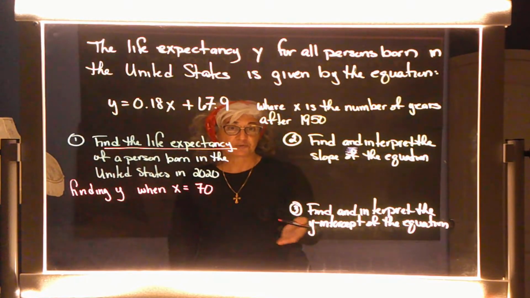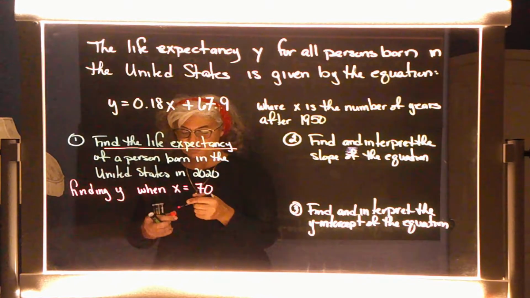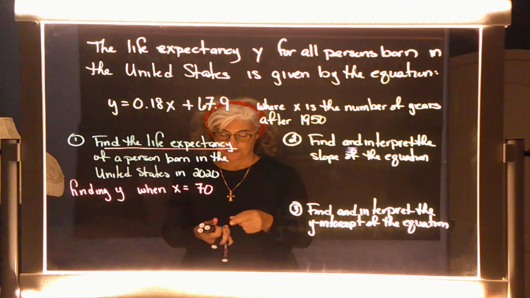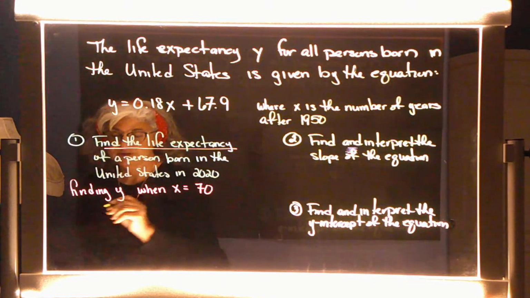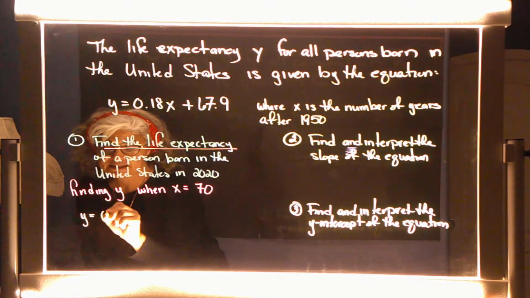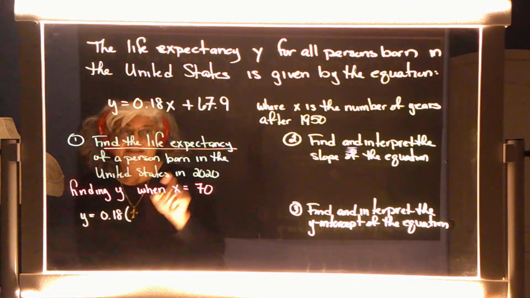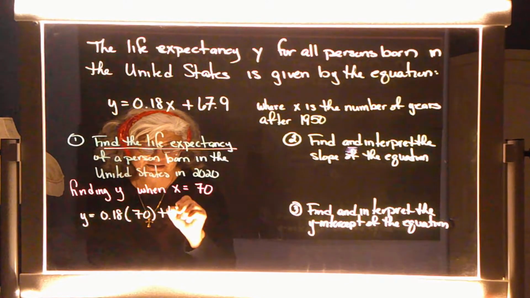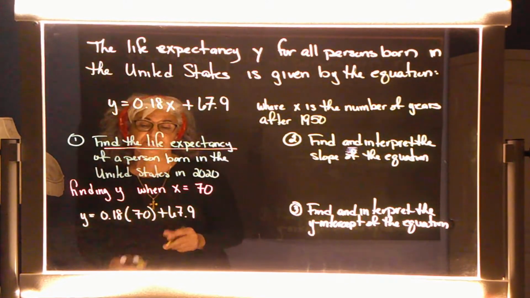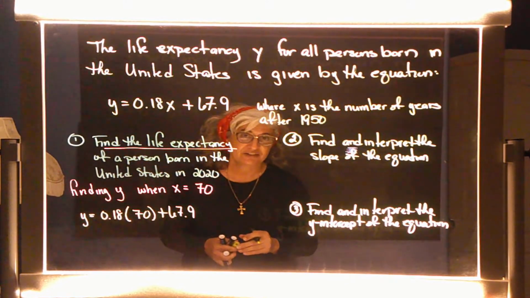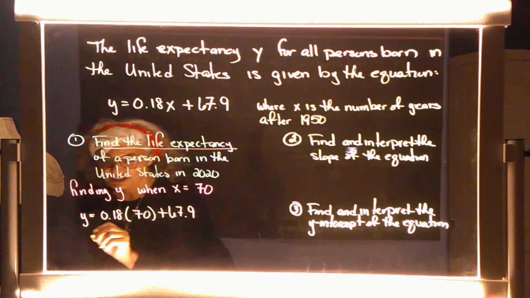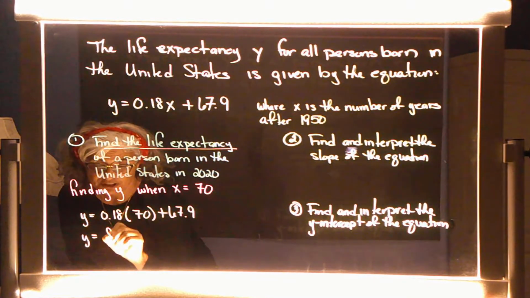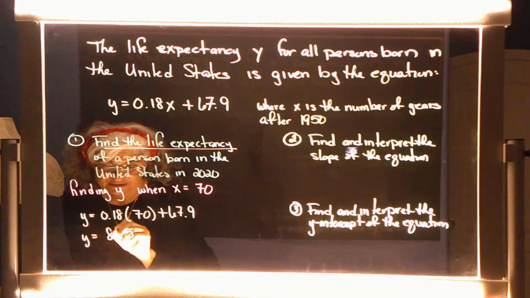So here's the thing. Now what do I do to find y? Excellent. I just plug it in. Agreed? I plug it in. So we have y equaling 0.18 times x, which we said was 70, and then plus 67.9. Okay, got those calculators out? All right, what'd you get for y? Good, 80.5.